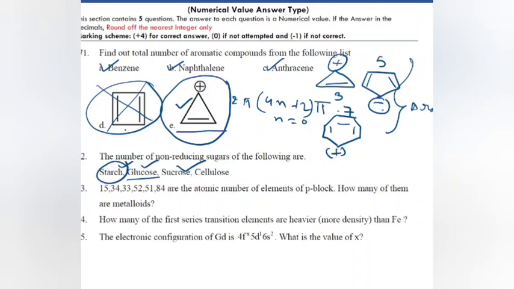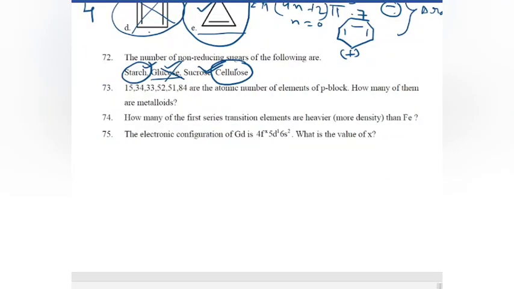Apart from that, all polysaccharides like starch, cellulose, etc., are non-reducing sugars along with sucrose. So except glucose, all others are non-reducing sugars. So the number will be 3. Reducing and non-reducing sugars are very important.